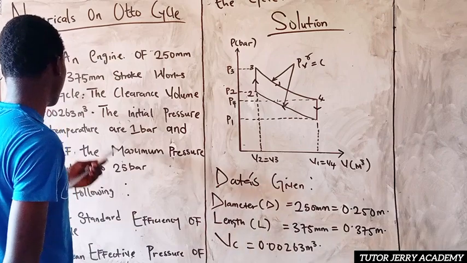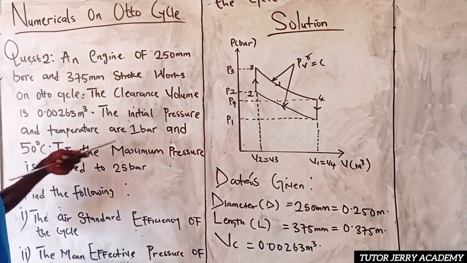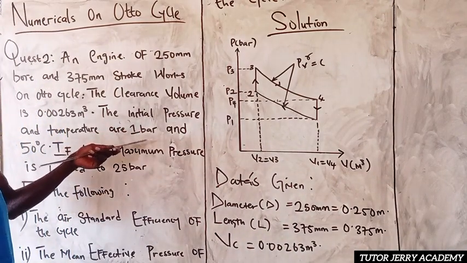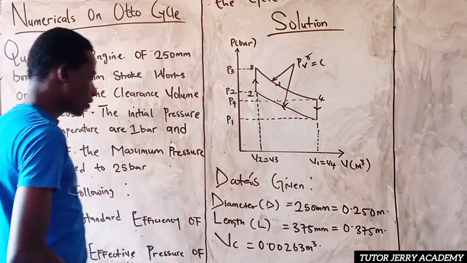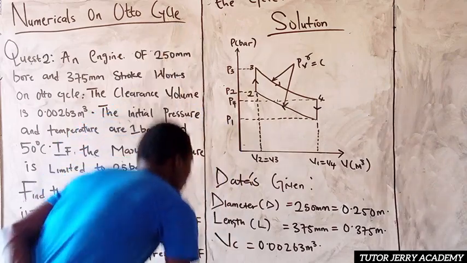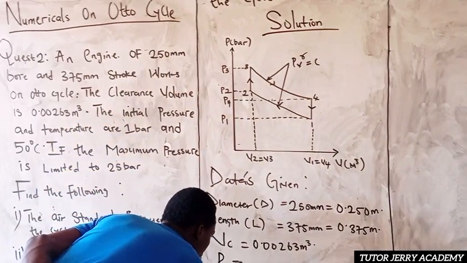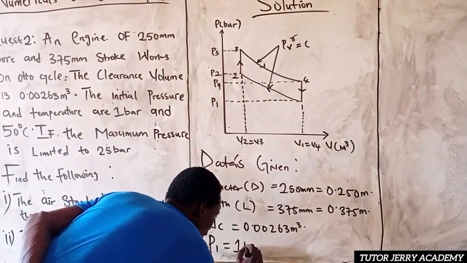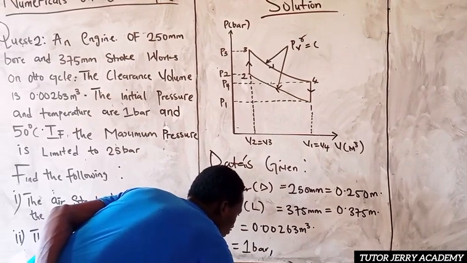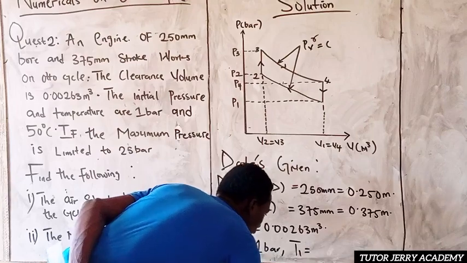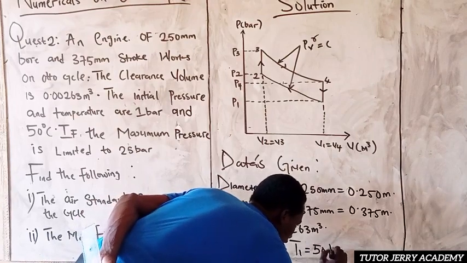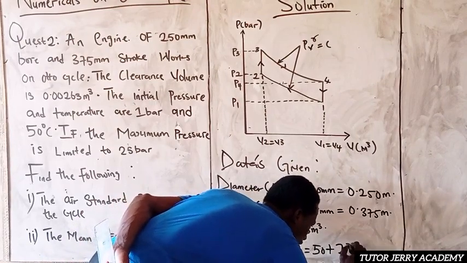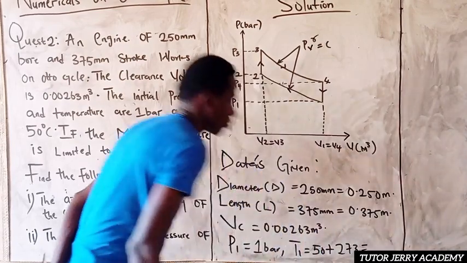Next, of course, you can see here that we have an initial pressure and temperature of 1 bar and 50 degrees Celsius. So P1, our initial pressure, is equal to 1 bar, and our T1, the initial temperature, is 50 degrees Celsius plus 273 in order to convert to Kelvin.